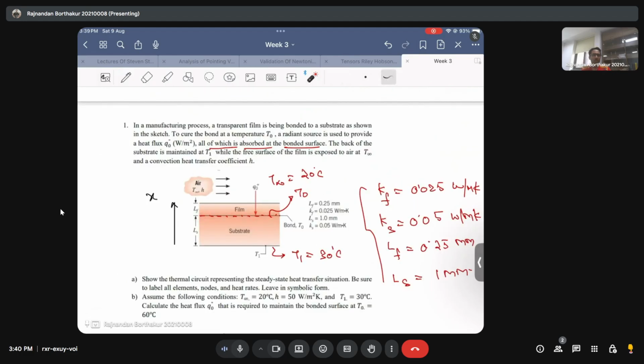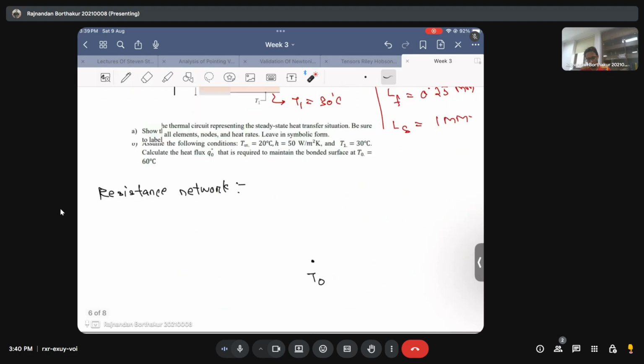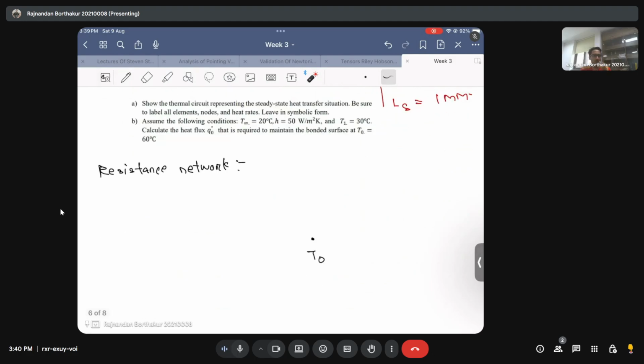In a resistance network, you can draw it in whatever way you like as long as it is correct, but it is customary to start from the node at the highest temperature of the system. In this scenario, since you are providing heat at the interface, I will start the resistance network by drawing the T naught node, the interface temperature of the bond and the substrate.